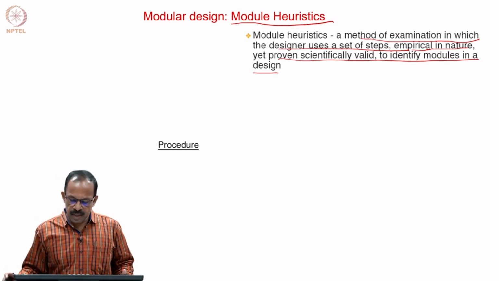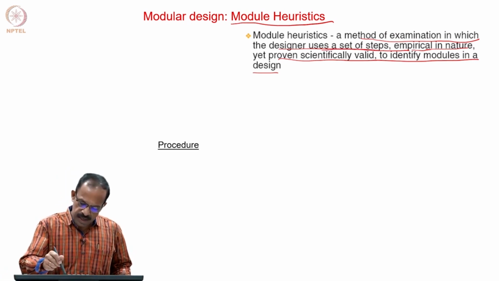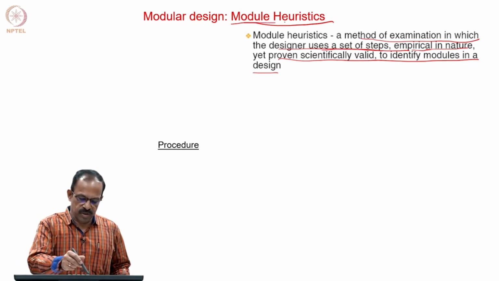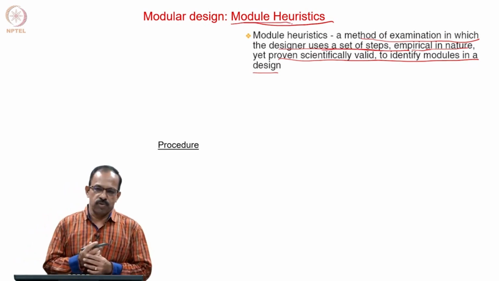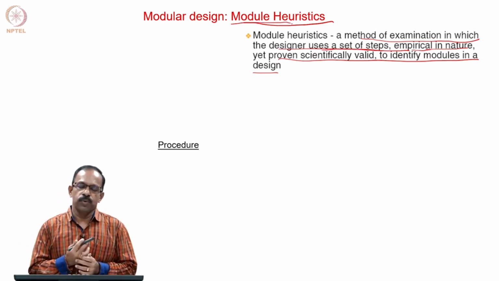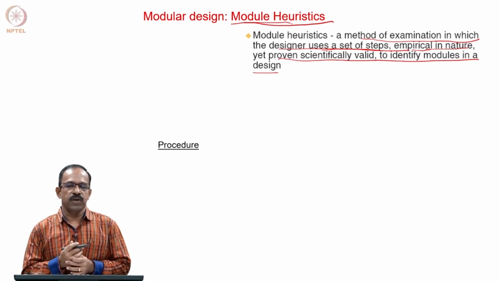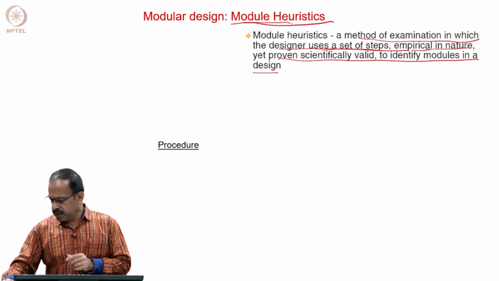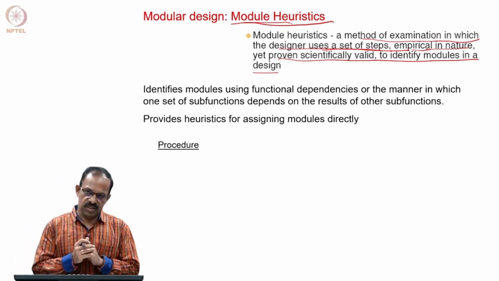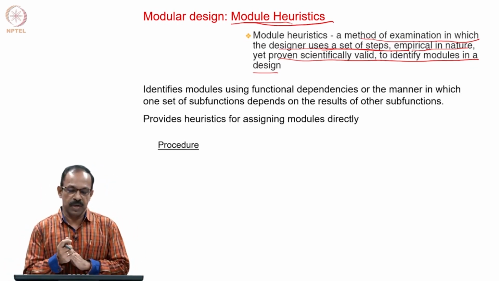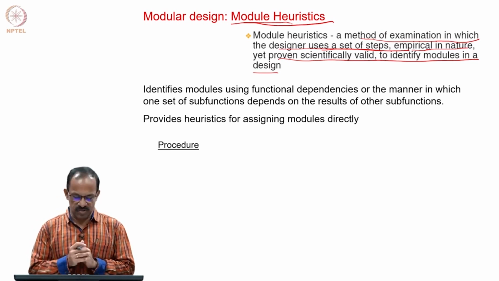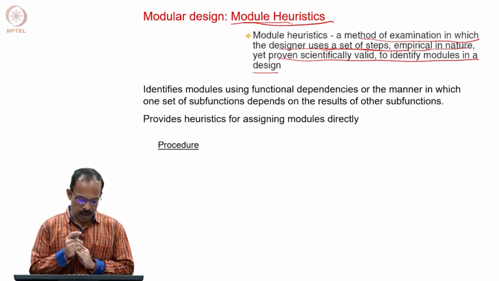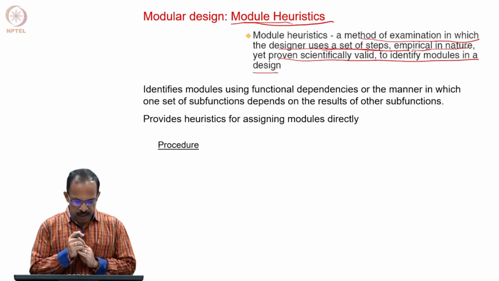It has some already identified steps, which we call the heuristics, to identify modules. So, this is known as the heuristics based approach for identification of modules in a product. Multiple modules can be identified using multiple heuristics. So, we have different heuristics to adopt.